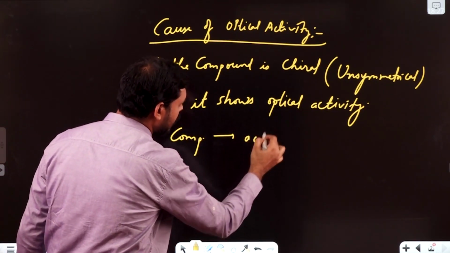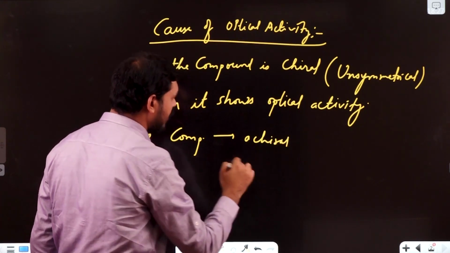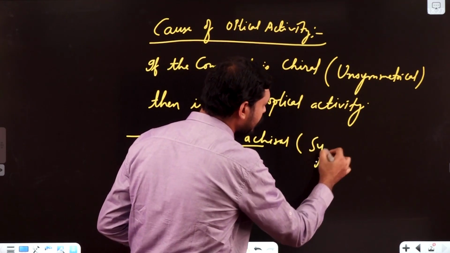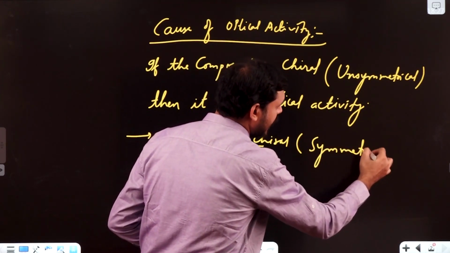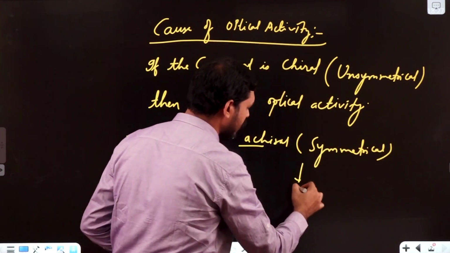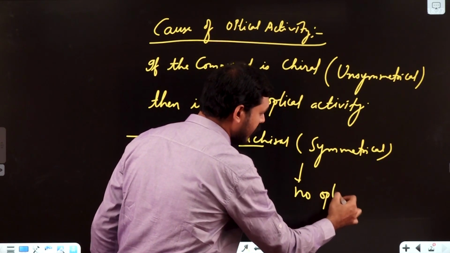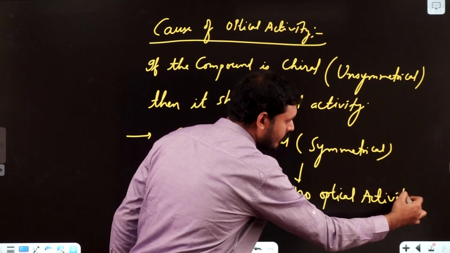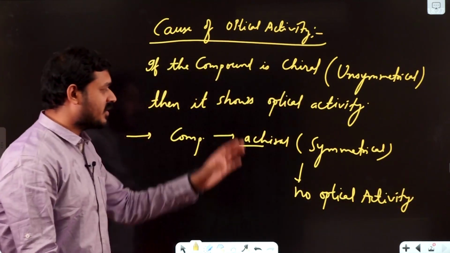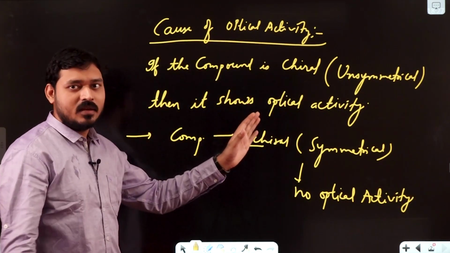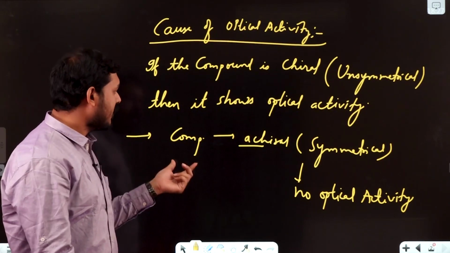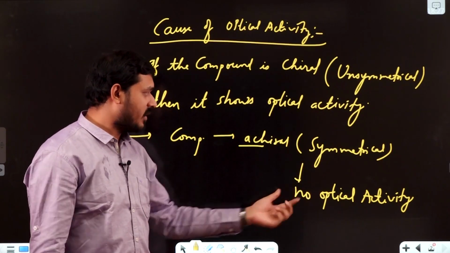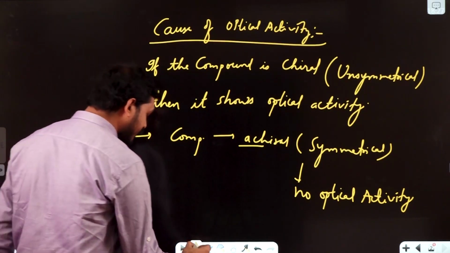If a compound is achiral, means symmetrical, means no optical activity. Any compound which is chiral will show optical activity, rotation of PPL, but if a compound is achiral or symmetrical, it will not show any optical activity. Clear? Okay.